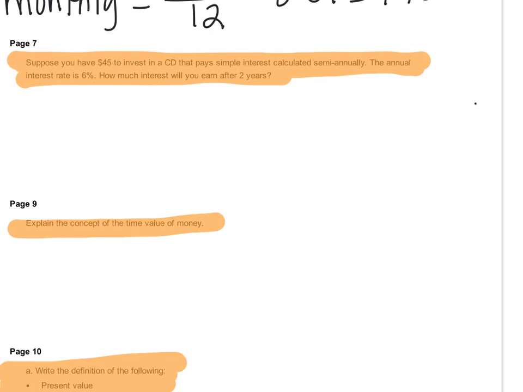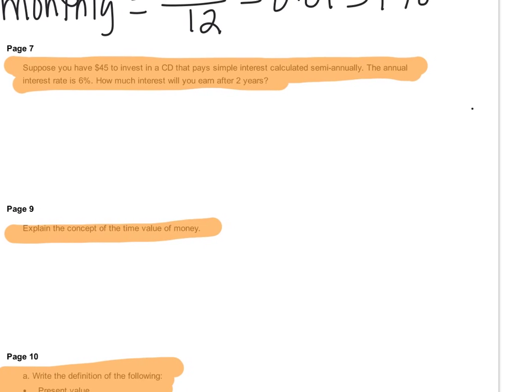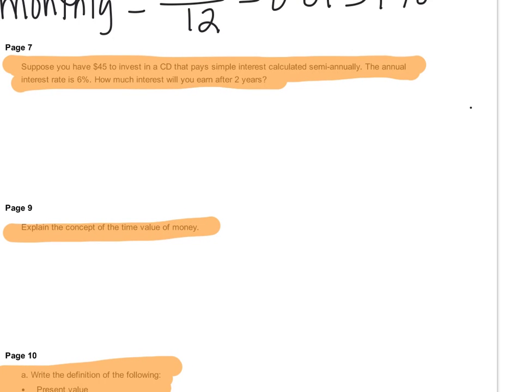So we take our same equation, the simple interest, because it tells you simple interest. The only thing that is going to change versus how we did it before is that it says semi-annually. So if you see semi-annually, I hope you thought of 2, because that's twice a year. So we take our same I equals PRT. And we're going to plug in our principal. That's the amount that we started with, what we invested.